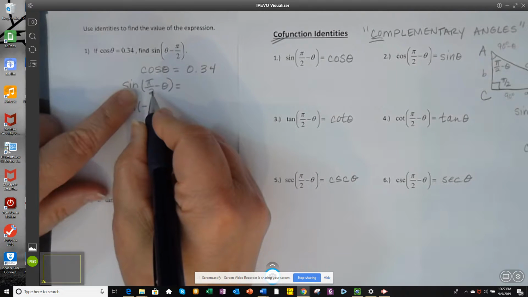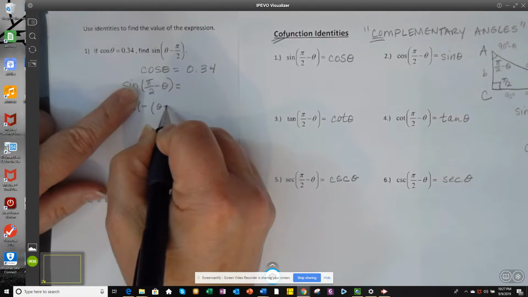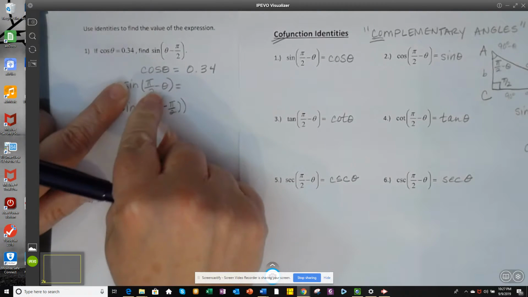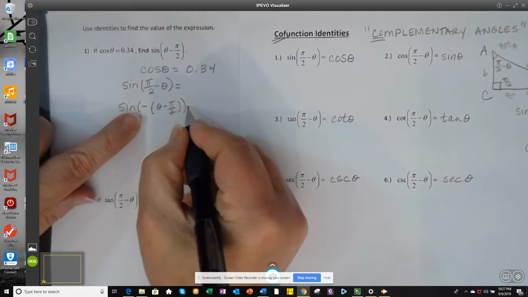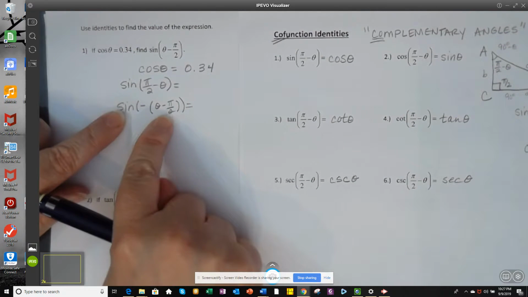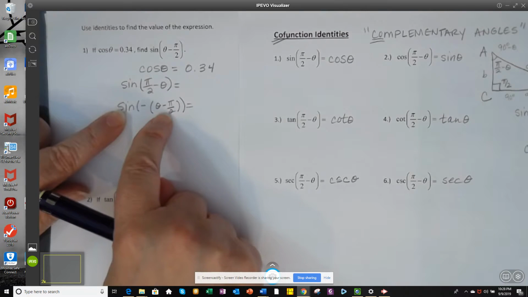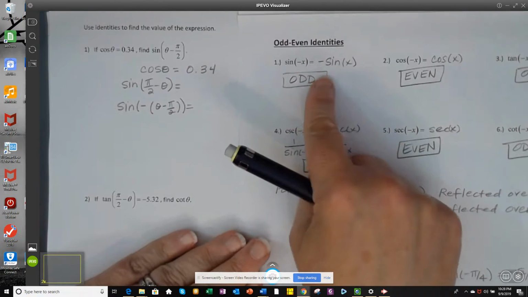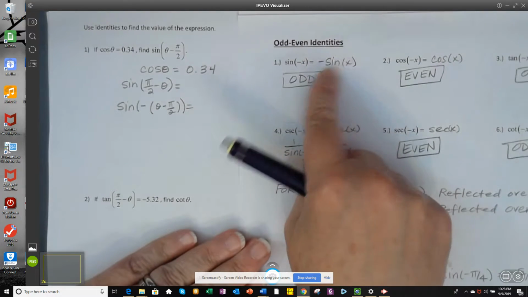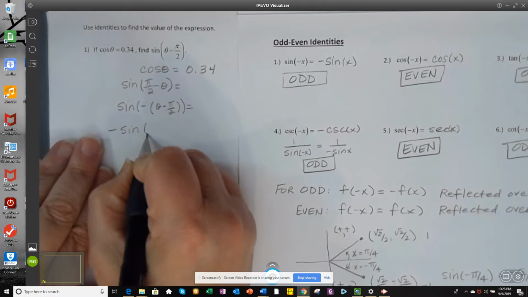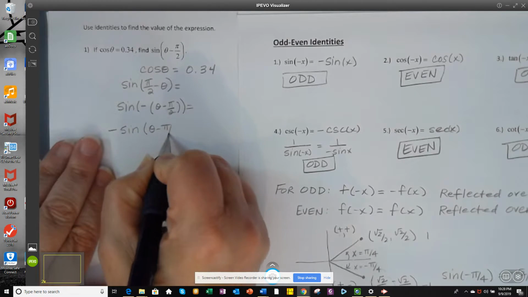And if I do that, I get theta minus pi over 2 because the signs flip when I factor out a negative. And now sine of a negative value of an angle, pulling out my other one here, is odd. So I can pull out the negative. I can say that this is equal to negative sine of theta minus pi over 2, and I'm closer.